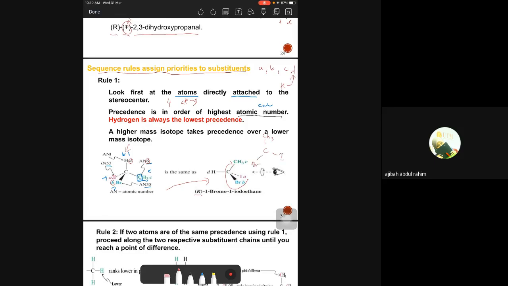According to this, iodine will be A, bromine is B, and the carbon here would be C. So it will rotate this way, which is clockwise, hence R in terms of the configuration. And the name here will follow the usual naming system.